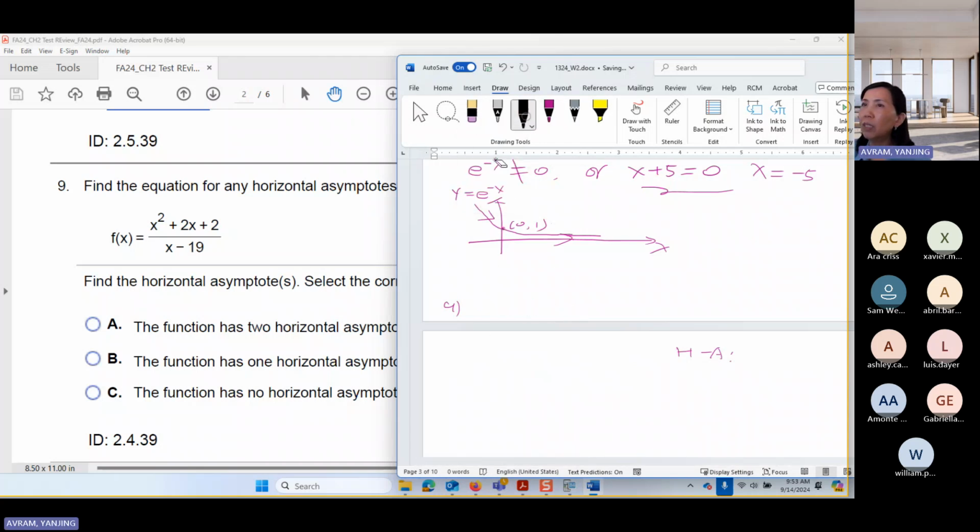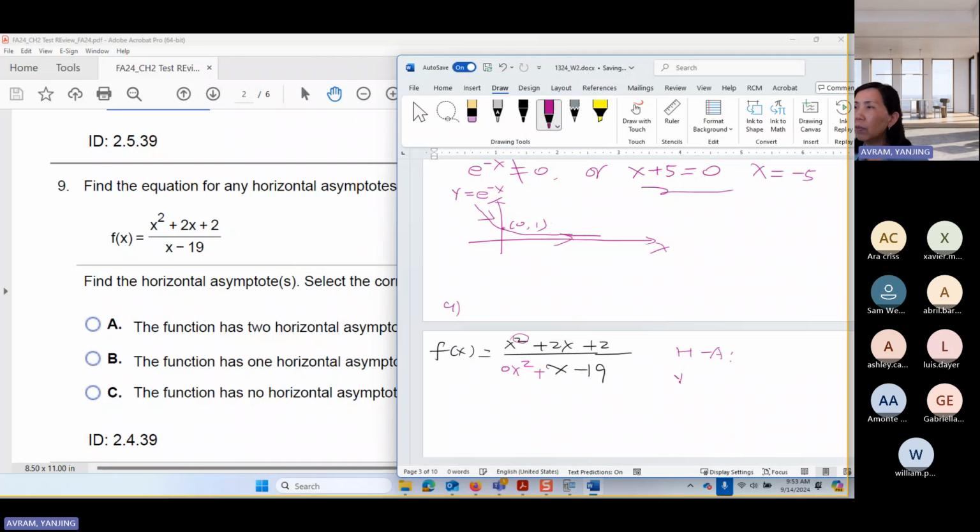If I make this the same degree, x squared plus 2x plus 2 over x minus 19, the higher degree here is 2. So I will put 0x squared in the denominator. That way I just add a 0x squared, which is still 0, so I don't change the value of this whole thing, right?